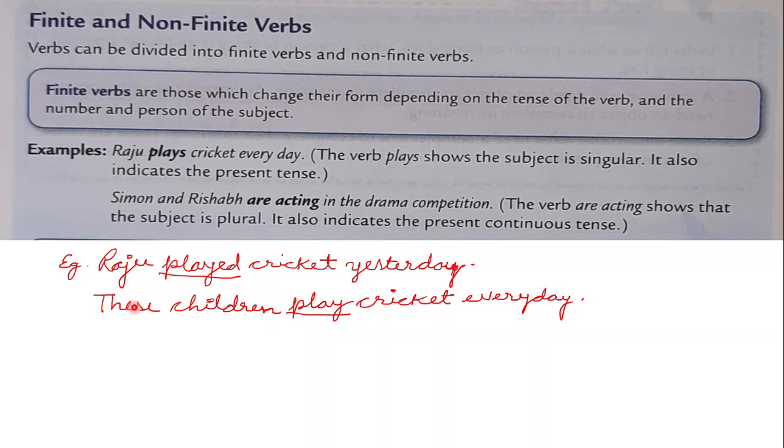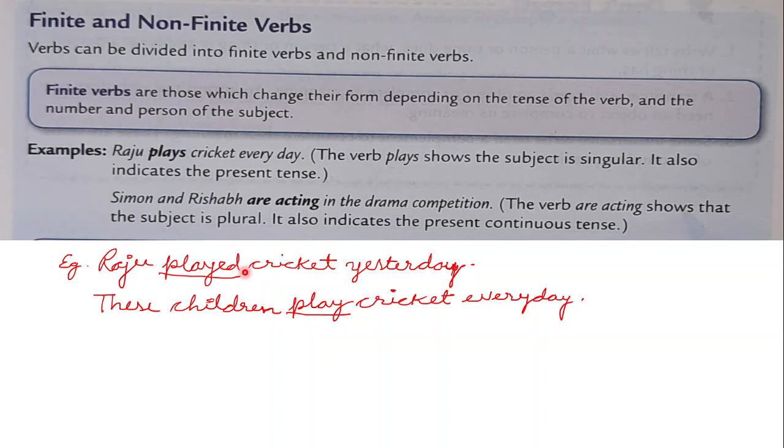Since the subject was plural, it became play. Raju, singular case, and it was in the past tense this time, played. Here was present tense, play. Likewise here Raju plays, this too was present tense. But here is past tense. So from plays it became played for the same subject. So the verb is changing its form.